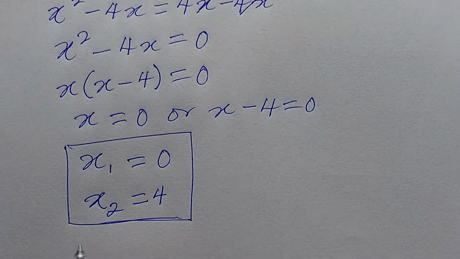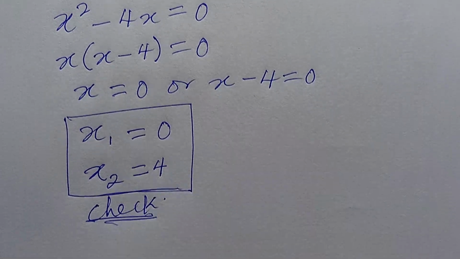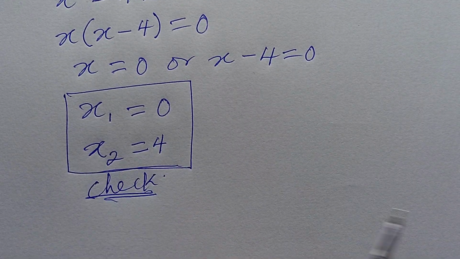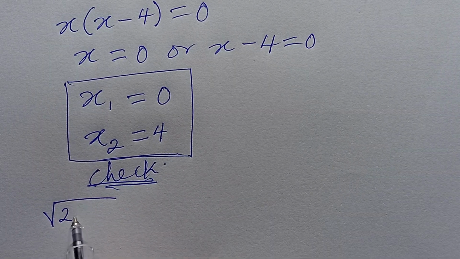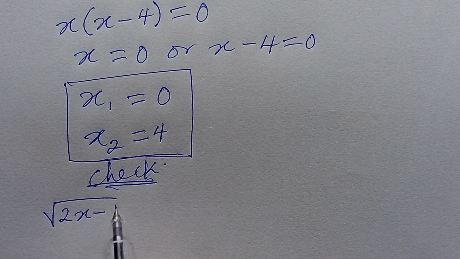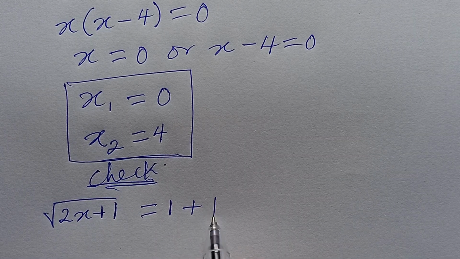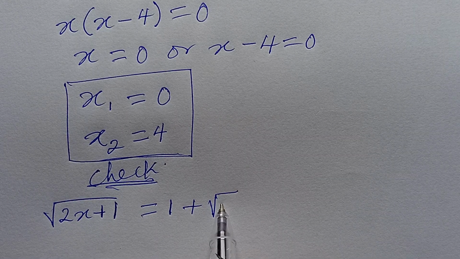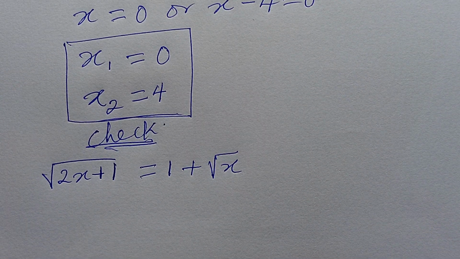So let's take our check. The first root is x1 equals to 0. So we have our square root of 2x plus 1 equal to 1 plus the square root of x. So if x is 0, wherever we see x, we want to put in 0 there.